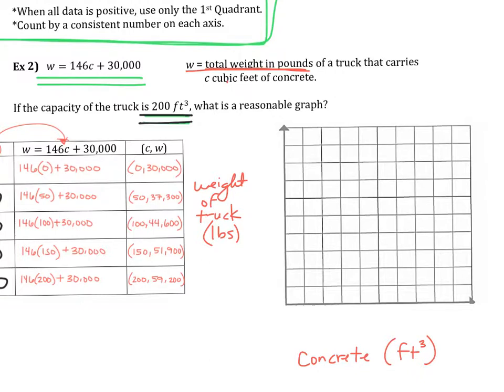So if you look at just your X values right now, all of these guys, you have 0, 50, 100, 150, and 200.